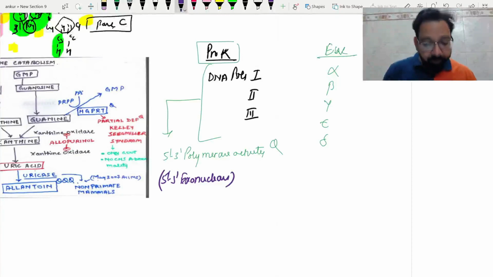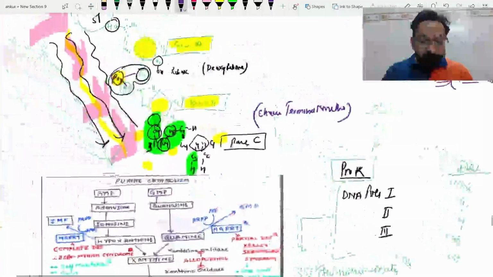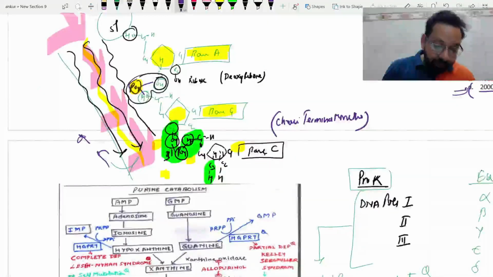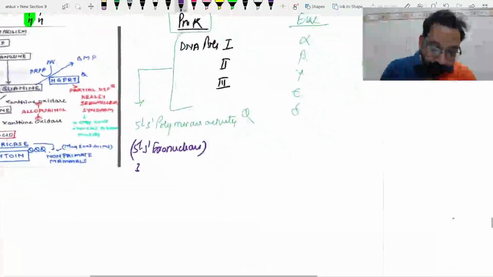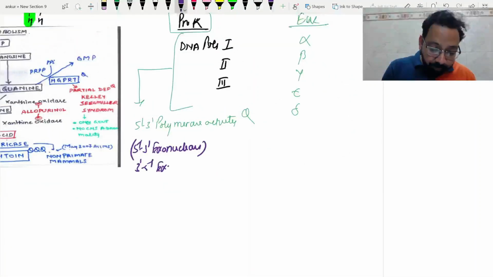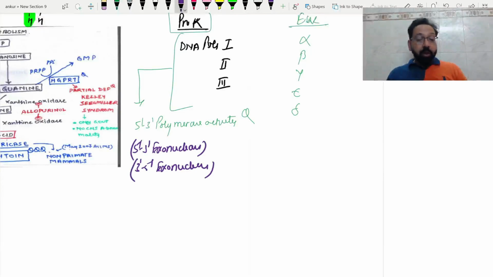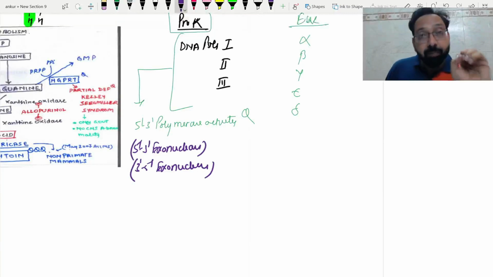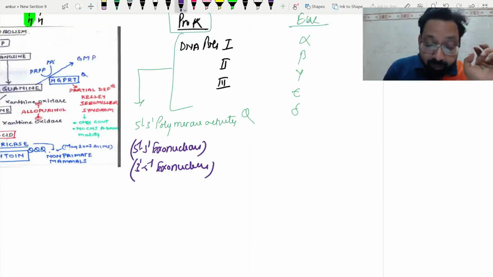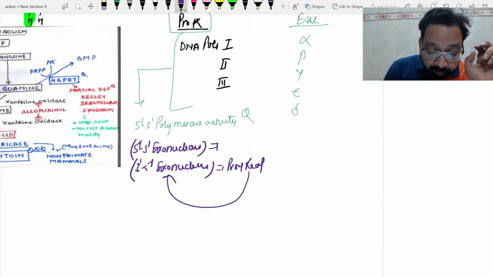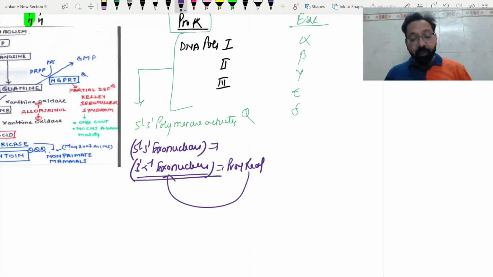If it cuts from the 3 side to the 5 side, then it is called 3 to 5 exonuclease. So we found that each and every polymerase in prokaryotes has proofreading.